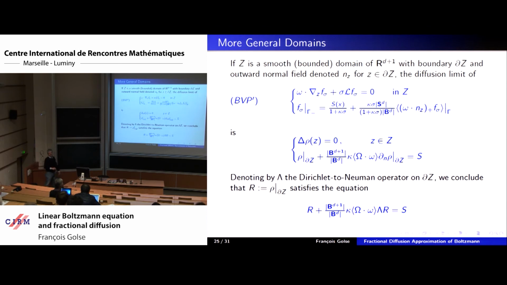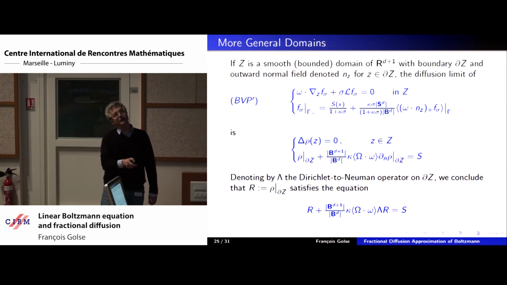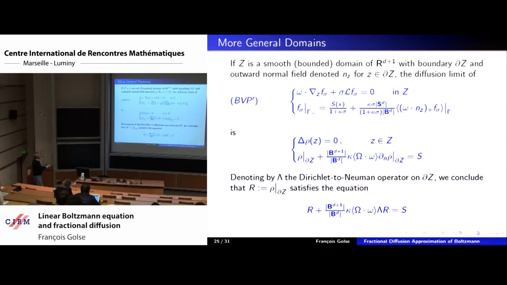Because omega dot n_Z positive is for outgoing particles. Then you can show by essentially the same techniques that Laplacian rho is equal to 0 and that you have this Robin boundary condition on the boundary.